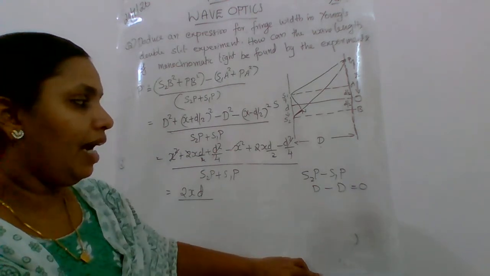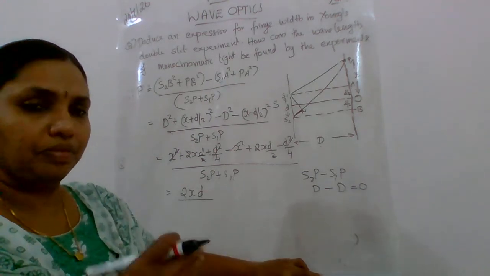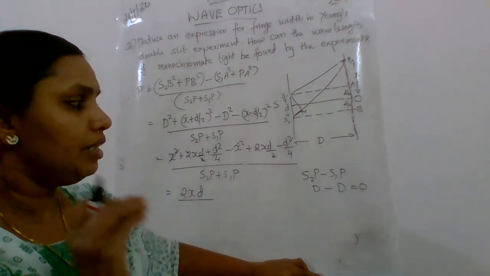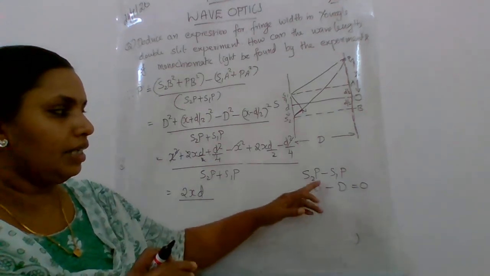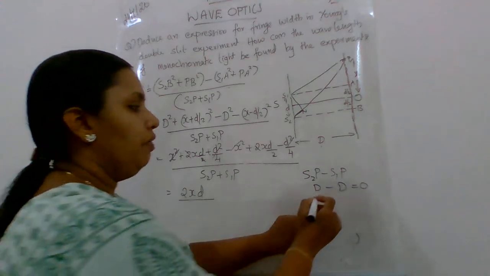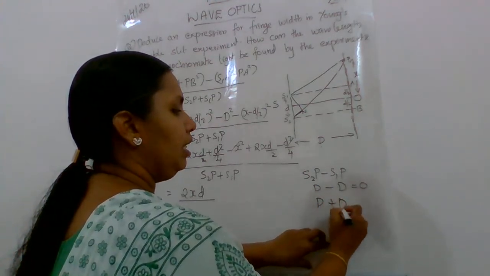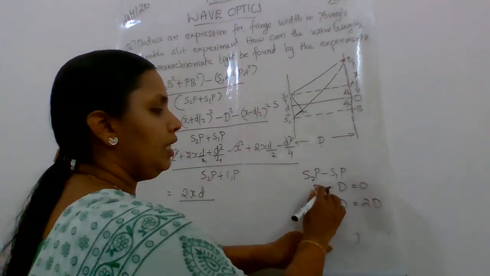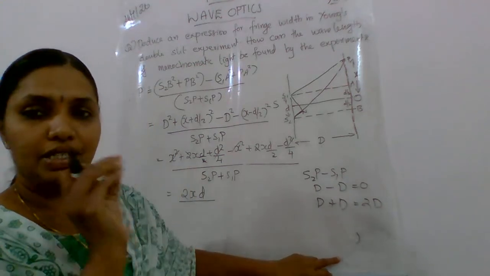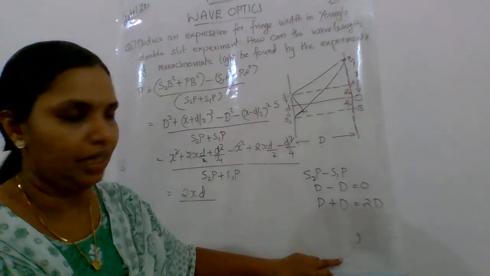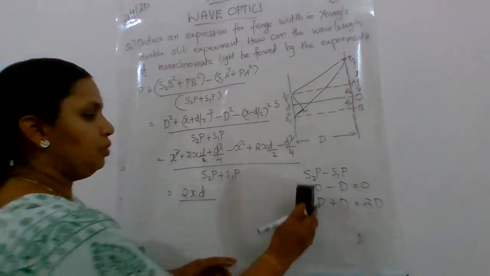We won't consider that, the difference we will consider. But while adding, it will be a number that we won't consider. So in addition, we will consider D plus D equal to 2D. But here in subtraction, we need the actual difference. So we will consider that. Okay, so that is the assumption we are making here.